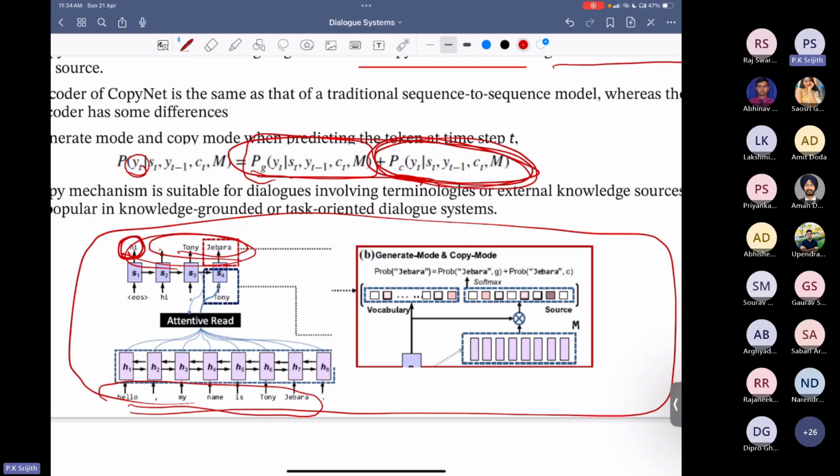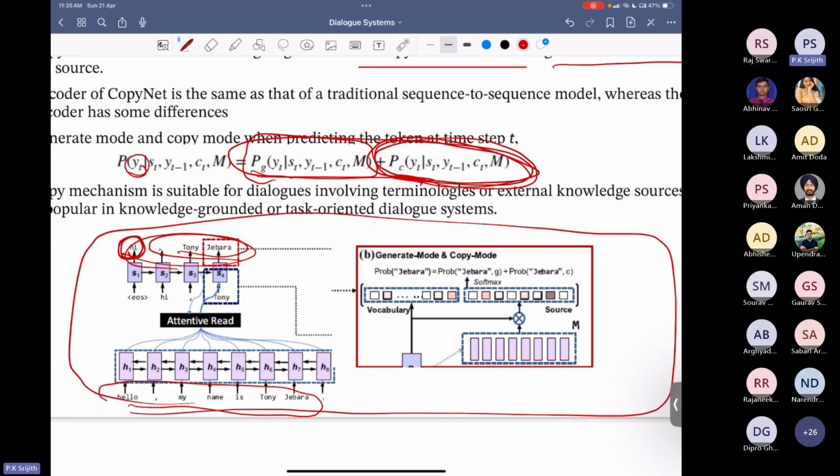Did you get an idea about this copying? Yes, sir. And how does it decide when to copy and when to generate? Yeah, you can think of this as some sort of a probability distribution over the generation module and the copy module.